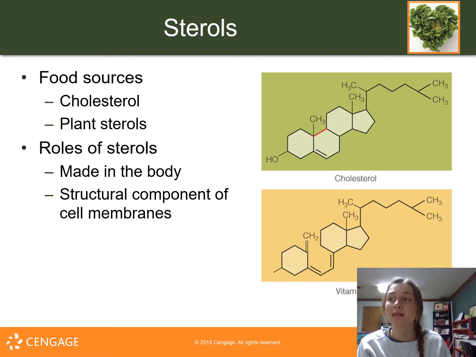It's made by the liver from different fragments of carbohydrates, protein, and fat. Actually, your body makes between 800 to 1500 milligrams of cholesterol, and it's only recommended for you to consume 300 milligrams. So most of the cholesterol is what your body is making.